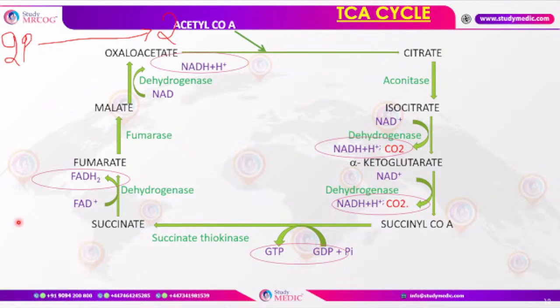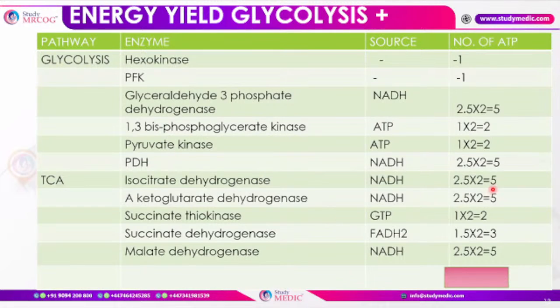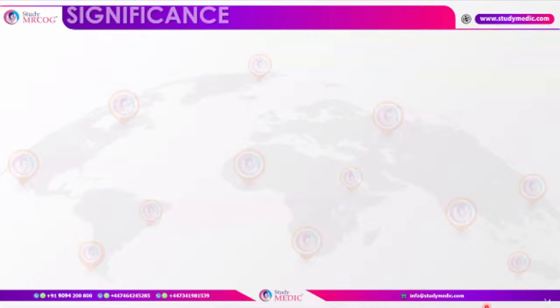So we have to count the 2 acetyl-CoA entering another cycle of the TCA cycle. Altogether, we get 20 ATPs from the TCA cycle. So when a glucose molecule is subjected to glycolysis and the TCA cycle, altogether it will give us 32 ATPs.